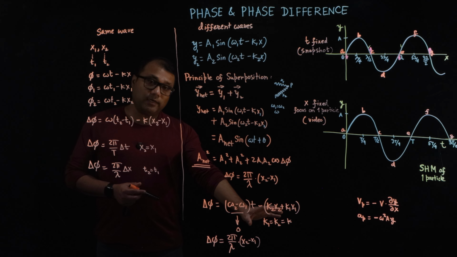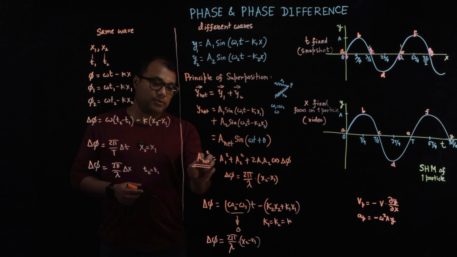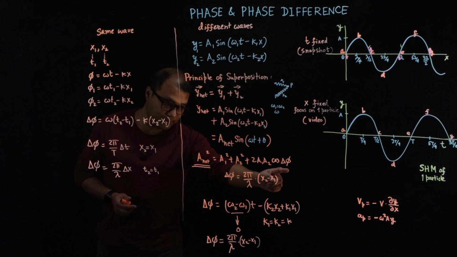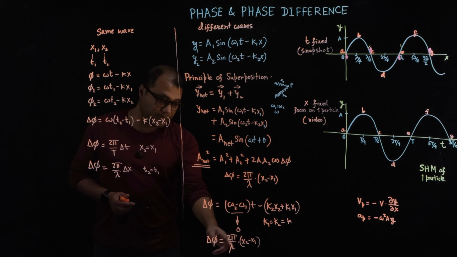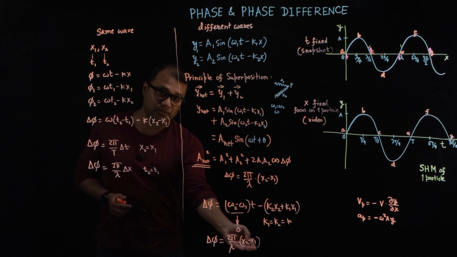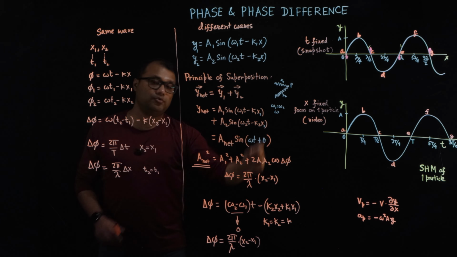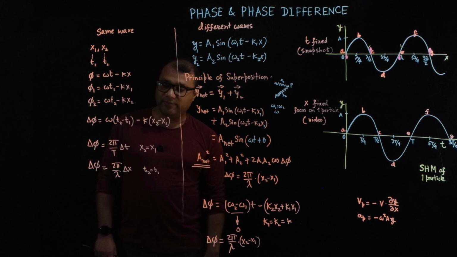Why this is important in interference is because the net amplitude, we will show, depends on the phase difference, and if the phase difference is only dependent on the path difference, this is now called path difference because these are for two different waves, the paths of two different waves.